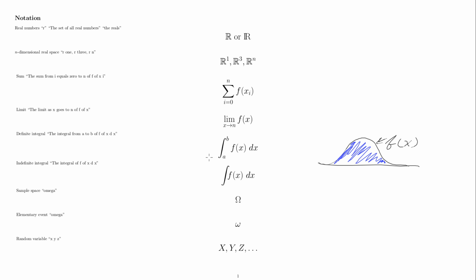And in this case, this is called a definite integral, and it is from a to b. So it's just the area under the curve between 2 points, a and b.